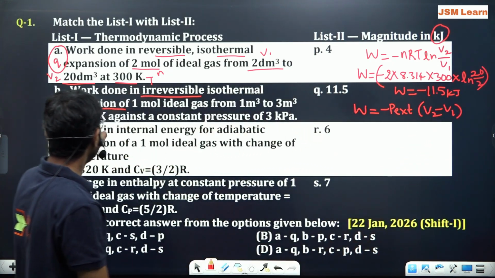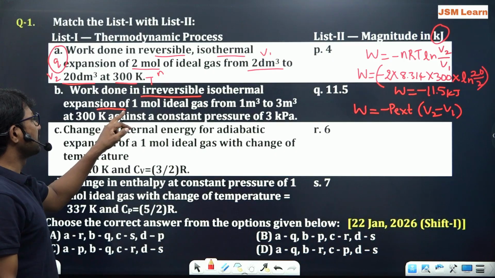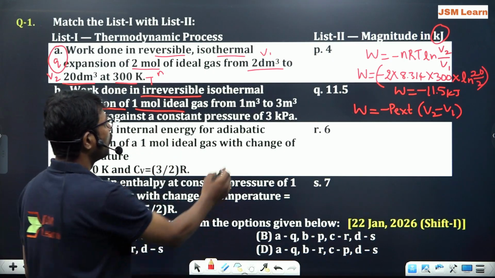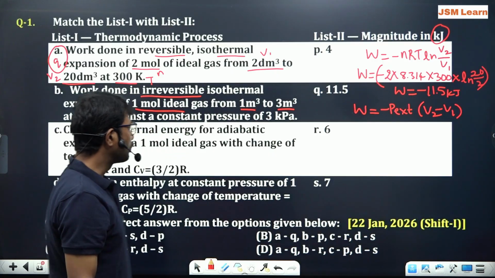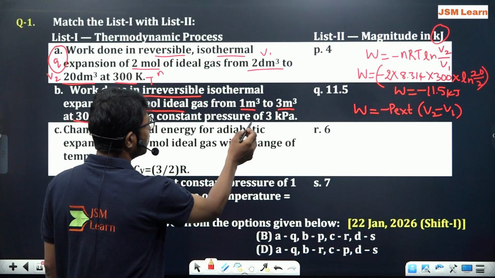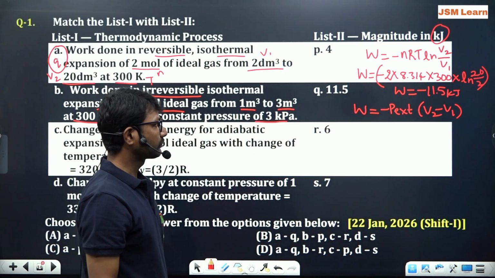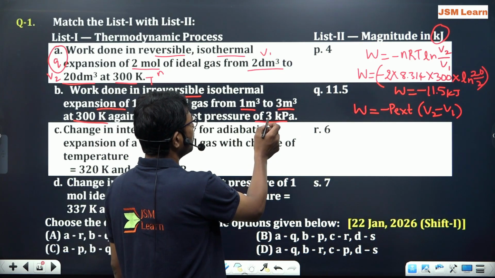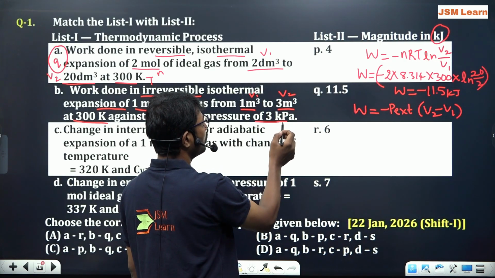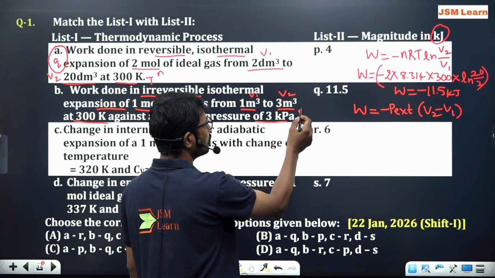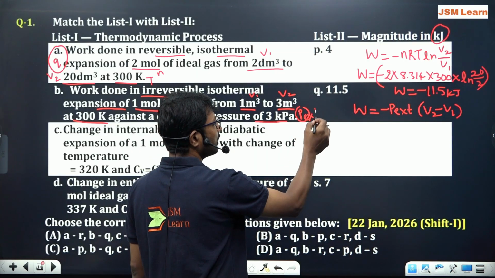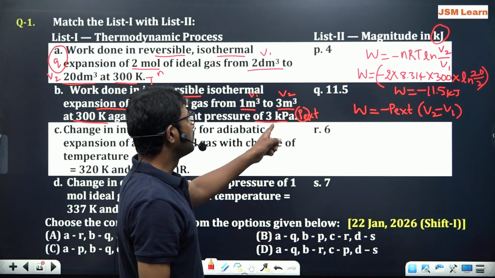Let us see: irreversible isothermal expansion, 1 mole of ideal gas from 1 meter cube to 3 meter cube at 300 Kelvin against a constant pressure of 3 kilopascal. So if you observe, initial volume V1 and final volume V2, the pressure also they have mentioned. Against 3 kilopascal means external pressure also they have mentioned 3 kilopascal.